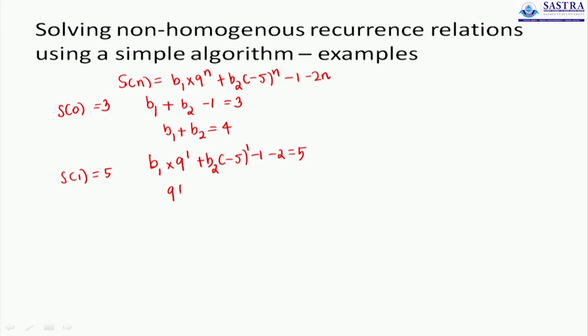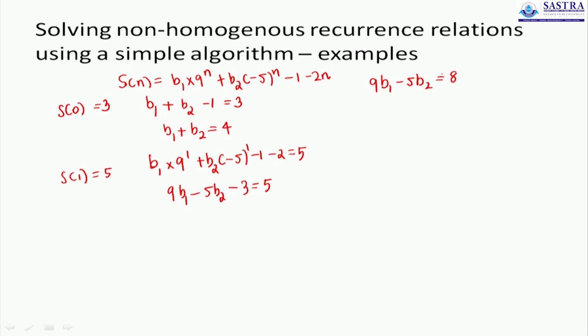Therefore 9 b1 minus 5 b2 minus 3 is 5. So we have 9 b1 minus 5 b2 giving us 8.